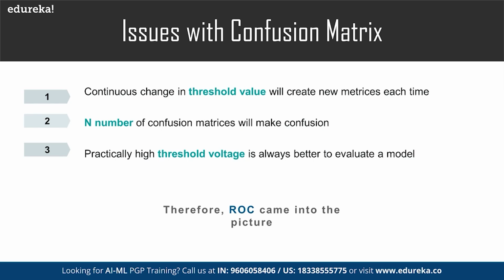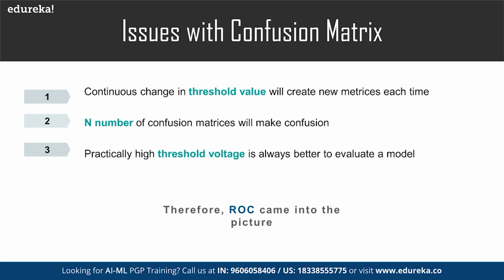As we change the threshold continuously, we get a different confusion matrix each time, which will confuse everyone, including the programmer. We see this happening all over the place. Practically, a high threshold value is chosen for training the model, and is also often used for evaluating a better model.